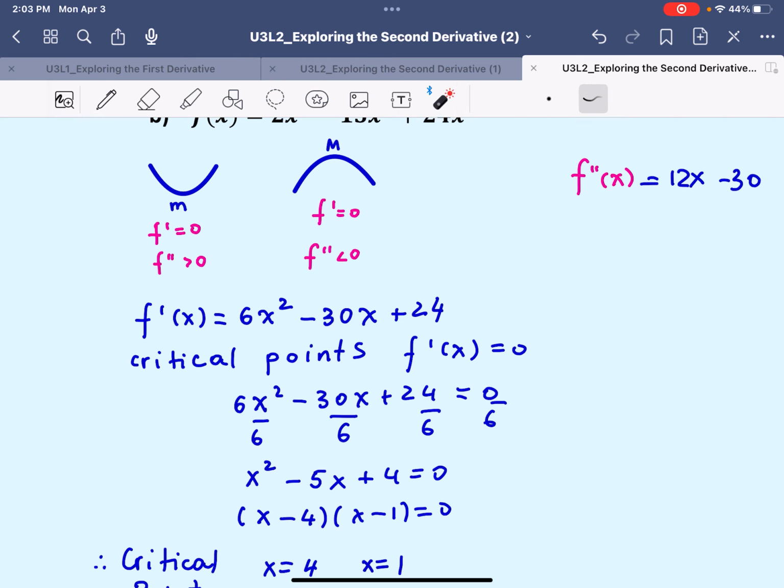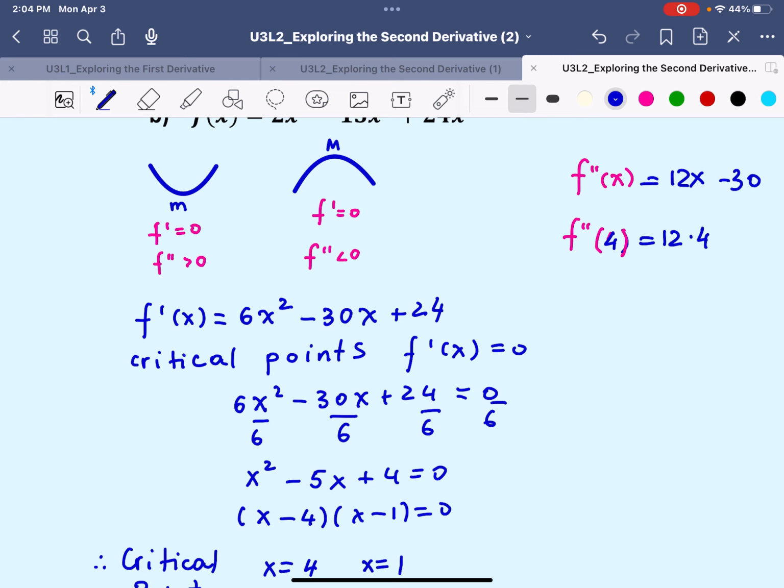So in order to determine whether at x equals 4 the function shows a min or a max, we have to find the second derivative at 4. Which means that we're evaluating the expression 12x minus 30 at 4.